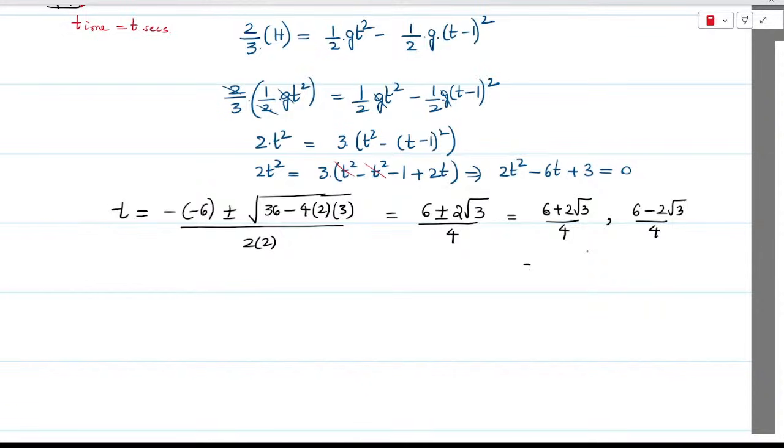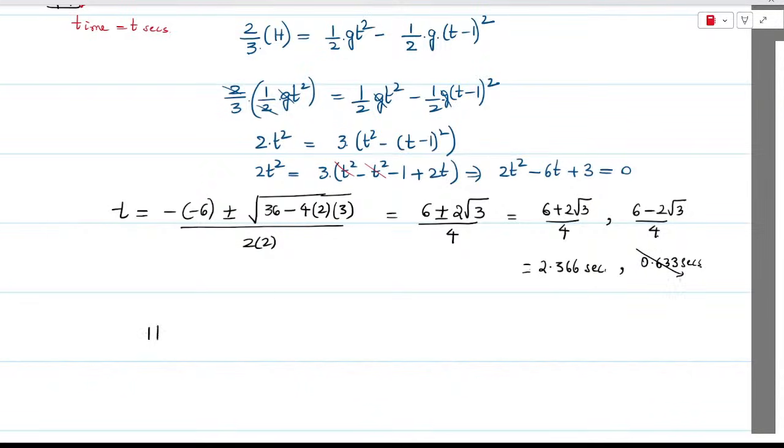So 6 plus 2 root 3 by 4 is approximately equal to 2.366 seconds, and the other is slightly less than that, 0.633 seconds. So this is not a right answer.